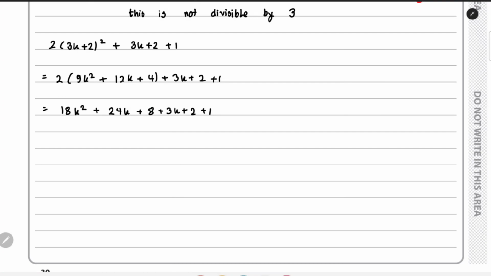So if I write this, 18k square plus 24k plus 3k, that is 18k square plus 27k. If we add 8 and 2, we'll get 10, so we cannot take that as a multiple of 3. So we can just add 8 and 1 over here, so we'll have plus 9 plus 2.